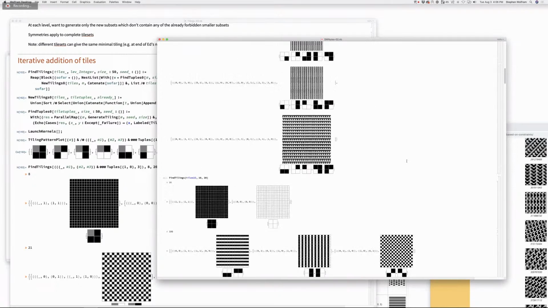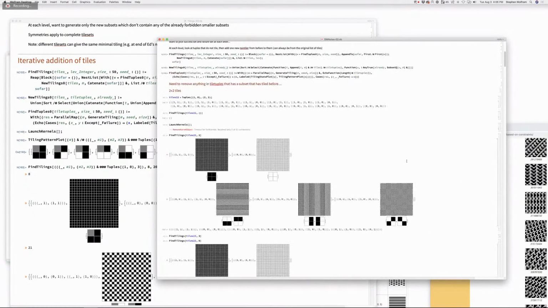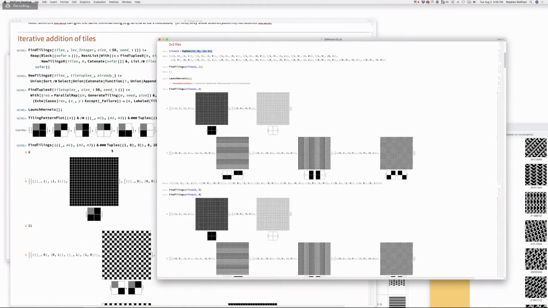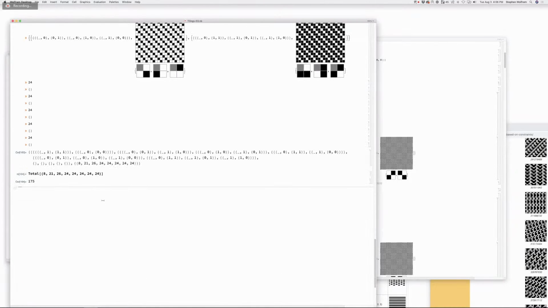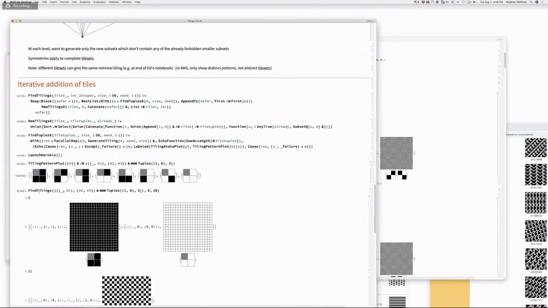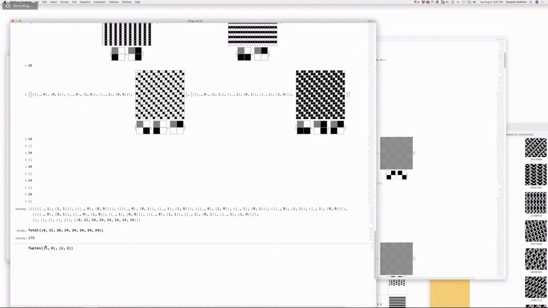Let's try the 2x2s. Let's see what happens there. Okay, 2x2s, here we come. And then the question is, for the 2x2s, here we go.